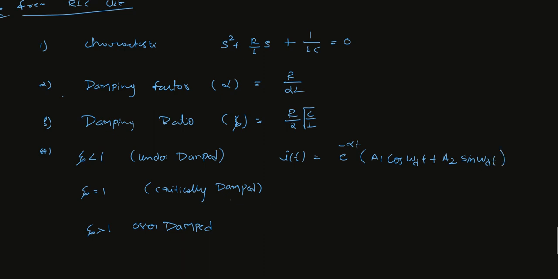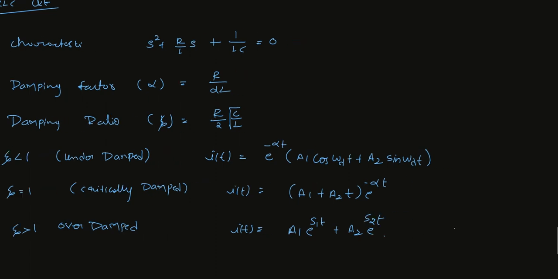Okay, so again for the critically damped system you get the 2 equal roots, so that's why response will be a1 plus a2 t, e power of minus alpha t, or s1 t you can write. And for the overdamped system, I of t is equal to a1 e power of s1 t plus a2 e power of s2 t.